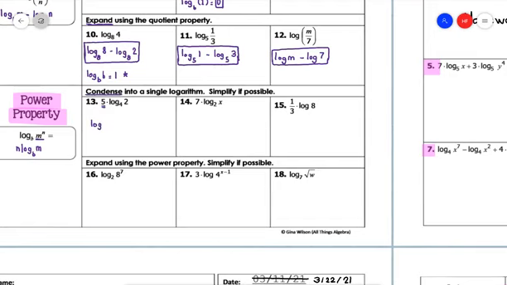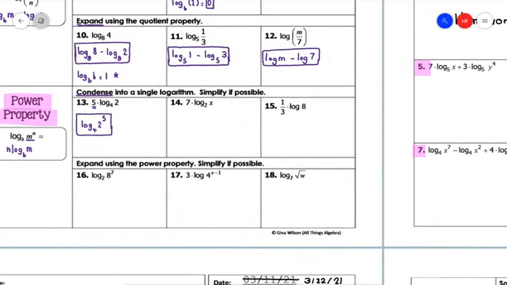So we'll take log base 4 of 2 to the 5th power, which we could change to log base 4 of 32. 14, log base 2 of x to the 7th power. So remember that coefficient on the front becomes the power on it.